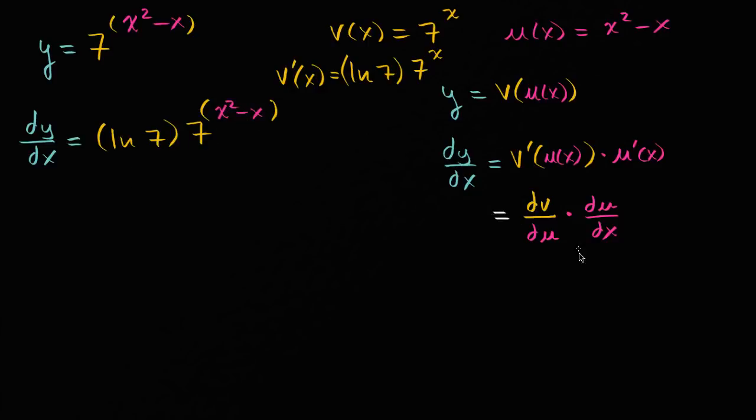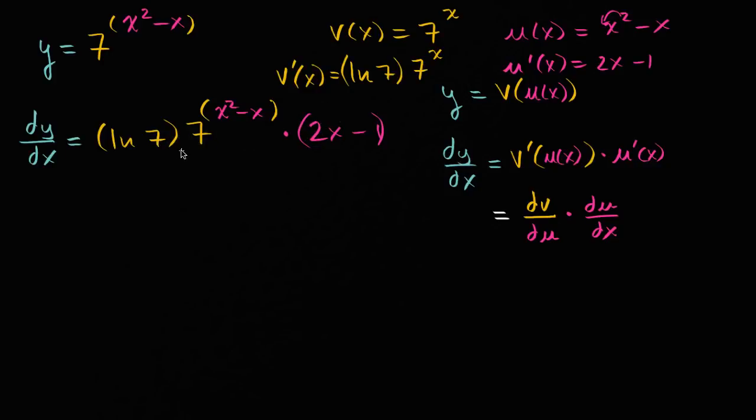And then we want to multiply that times the derivative of u with respect to x. So u prime of x, well, that's going to be 2x to the first, which is just 2x, minus 1. So we're going to multiply this times 2x minus 1. So there you have it. That is the derivative of y with respect to x.